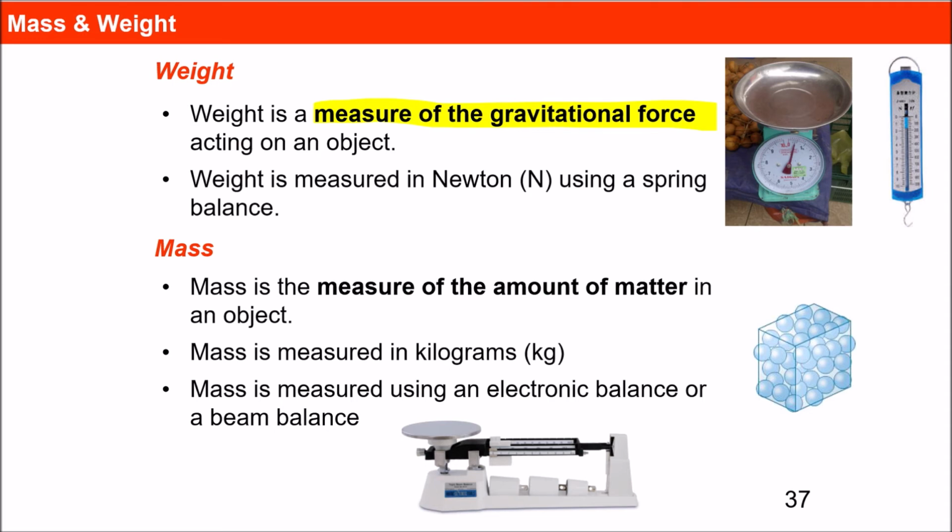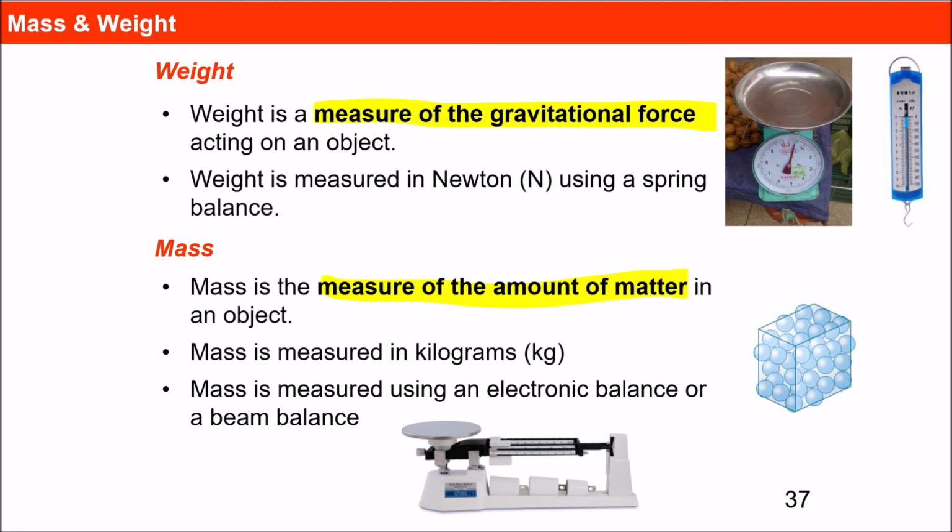But for mass, that number that you see is a measure of the amount of matter in an object. Sometimes you can say it's the amount of substance in an object, because all objects are made up of atoms and molecules. So basically, how many of the molecules are inside, how big they are, this constitutes mass.